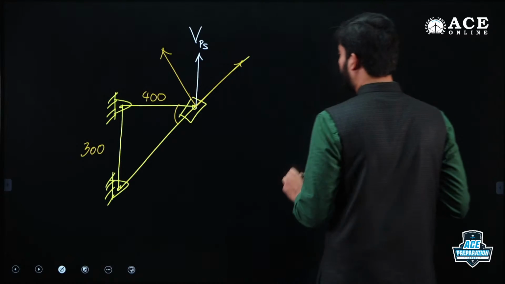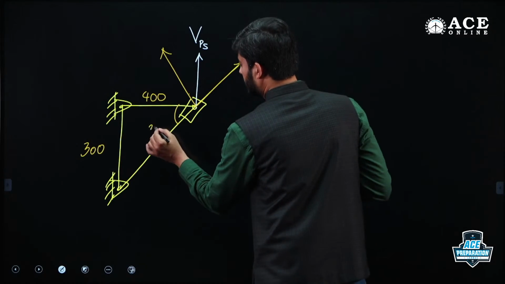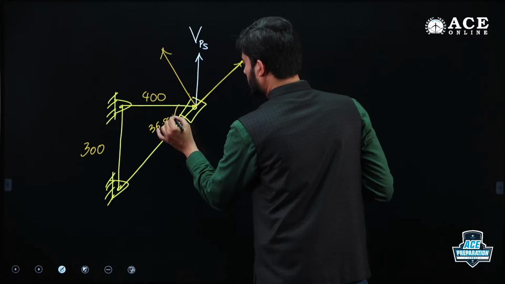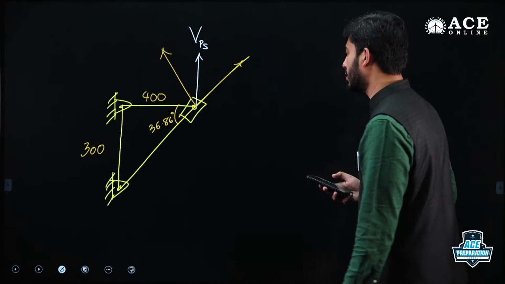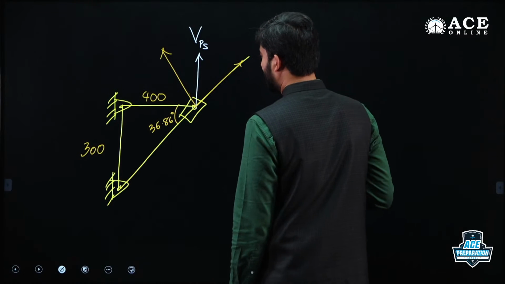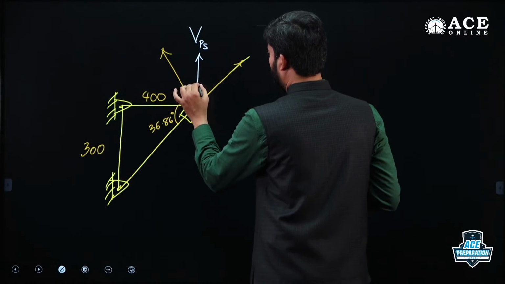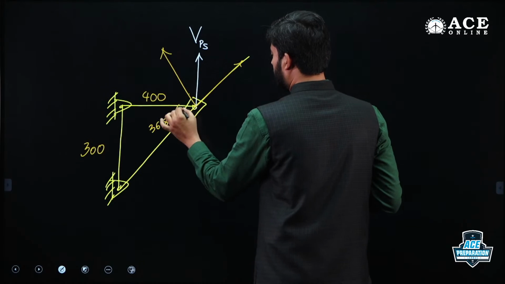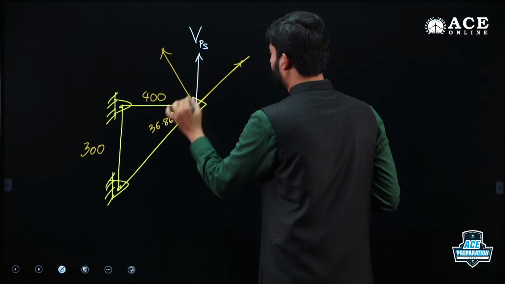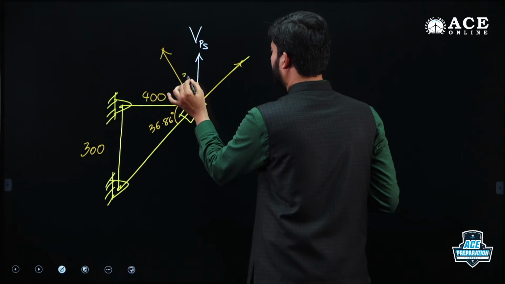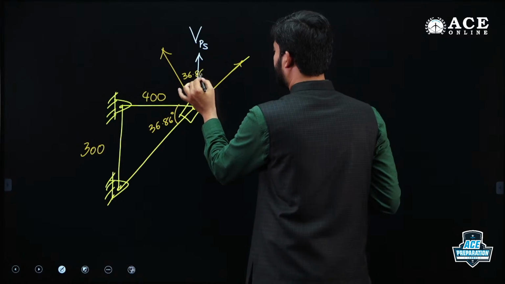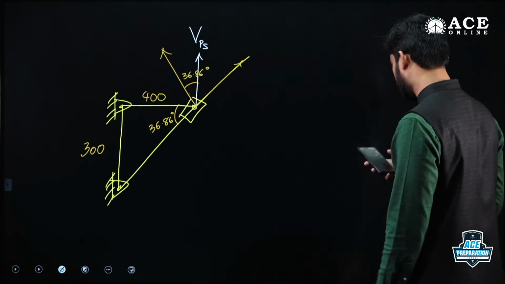Tan inverse of 3 by 4, 36.86. So this angle is 36.86, and the normal of this slotted bar will make the same angle with the vertical. This is 36.86.